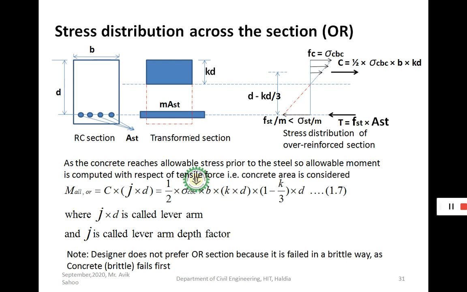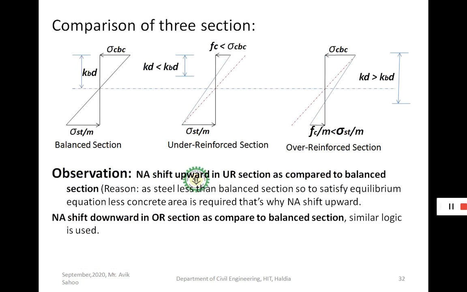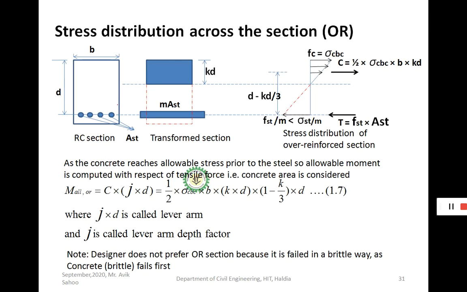Now this is a stress distribution across the section, so you see that here we are using the 4 number bars. If I compare the steel with respect to the balanced section, then what happened?